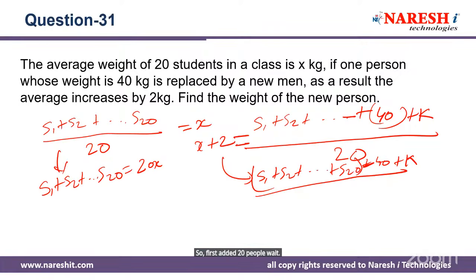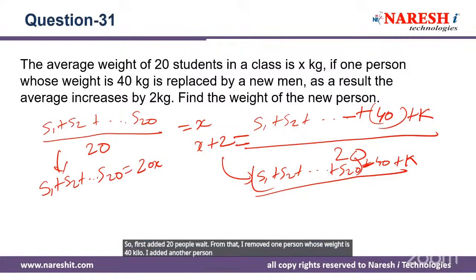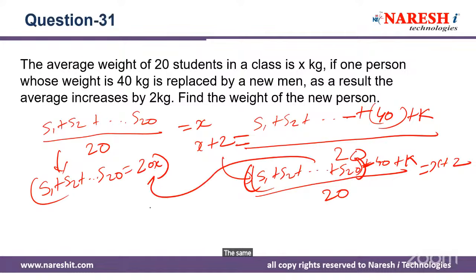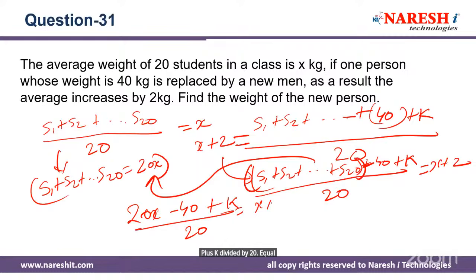From that, I removed one person whose weight is 40 kilo. I added another person whose weight is K. Still, how many people are there? 20 people. What is the average? X plus 2. Now, the value of S1 plus up to S20 can be copied. So 20X minus 40 plus K divided by 20 equal to X plus 2.